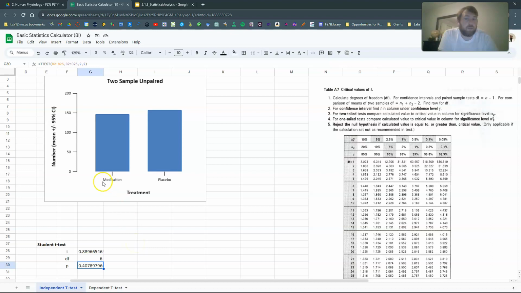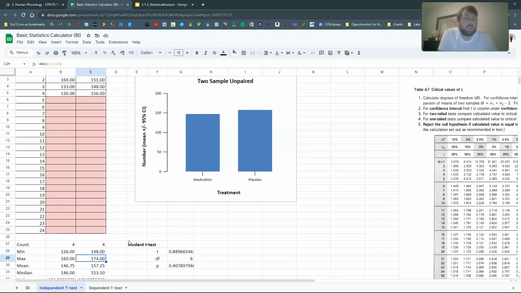So it doesn't really matter whether we have the medication or the placebo, because 40% of the time, those patients are going to have the values that are close together anyways, which means that we can't really assume that these means are any different. 40% of the time, they're not going to be different, and that's not good enough. We want this value to be as low as possible. Again, this is a critical value, so we want this to be as low as 0.05.